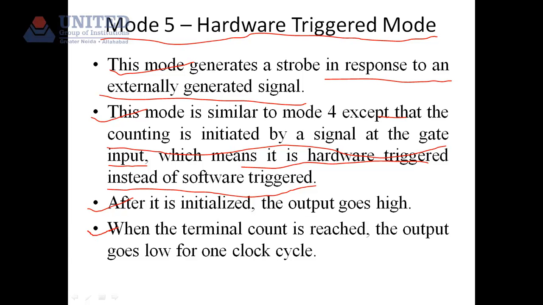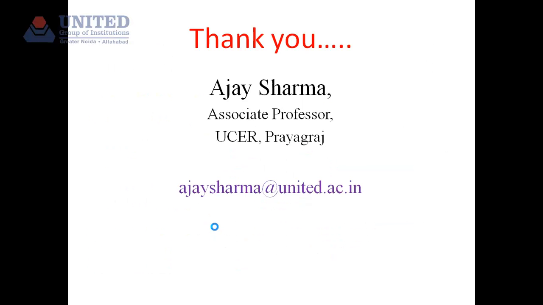And the last point is that when the terminal count is reached, the output goes low for one clock cycle. This we have seen in mode 4 as well. The terminal count is the last count. When it is reached, the output goes low for one clock cycle, and then again it goes high and the counting starts again. So this is all about the 8253/54 IC.